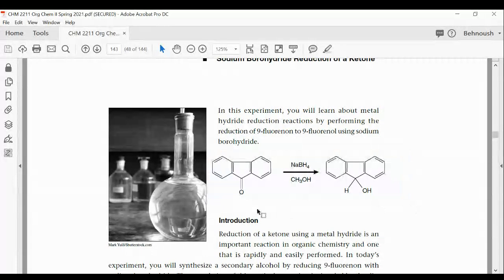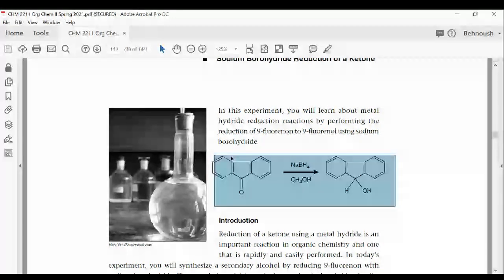In this reaction, you have the ketone, fluorenone, as a reactant. The sodium borohydride is the reducing agent. Alcohol, it could be methanol or ethanol, is the solvent because you want this to be able to react and mix well.